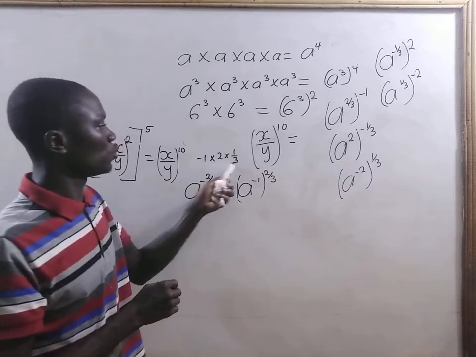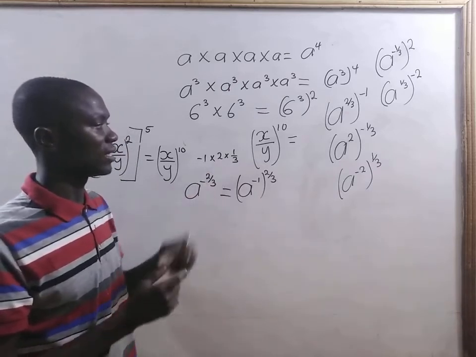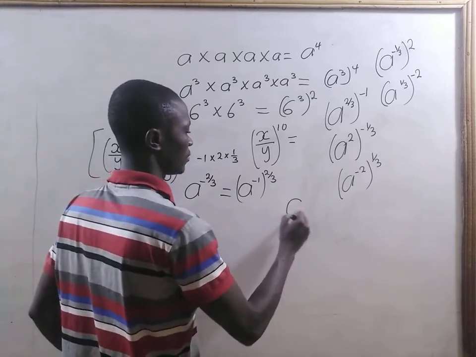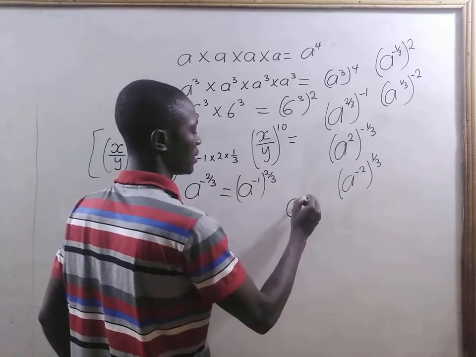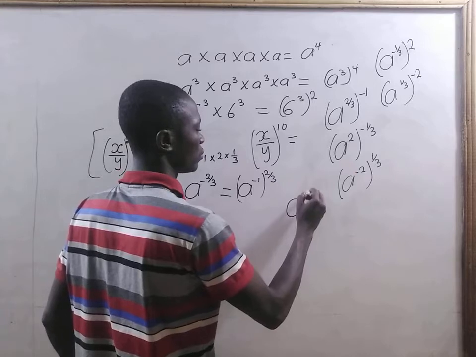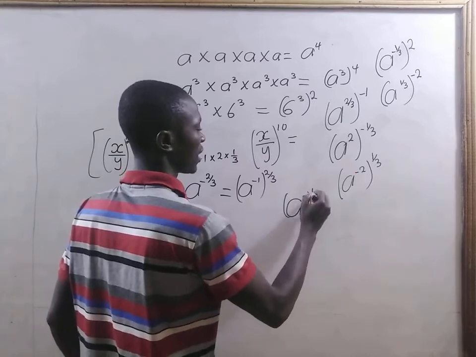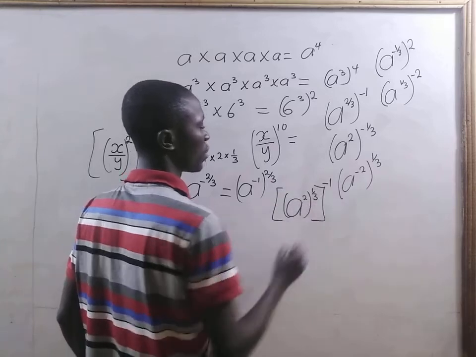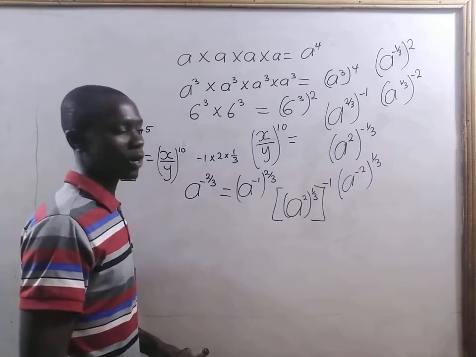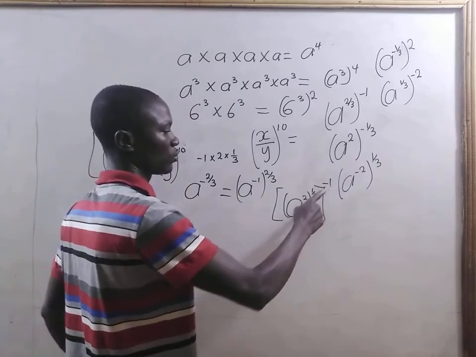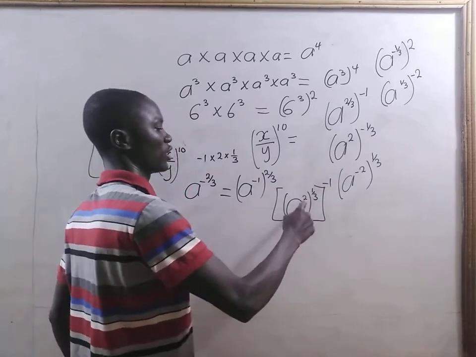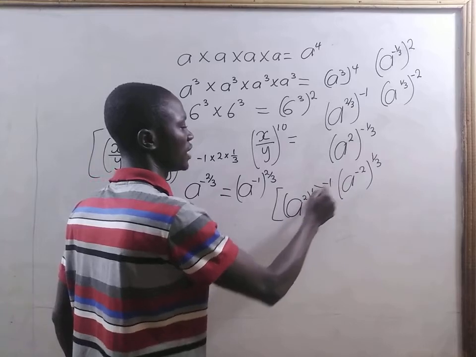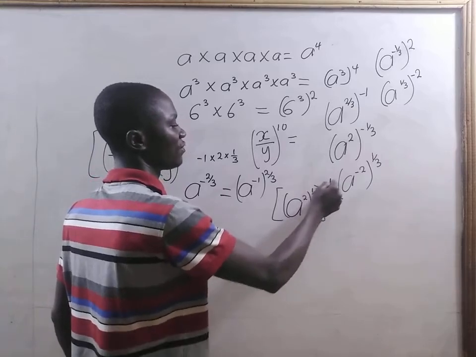Now, let us use the 3 factors here. We can also write it as a to the power 2 to the power 1 out of 3, and then to the power negative 1. So here, -1 will multiply this and we multiply the result by 2. Or we can interchange the position of any of these factors.